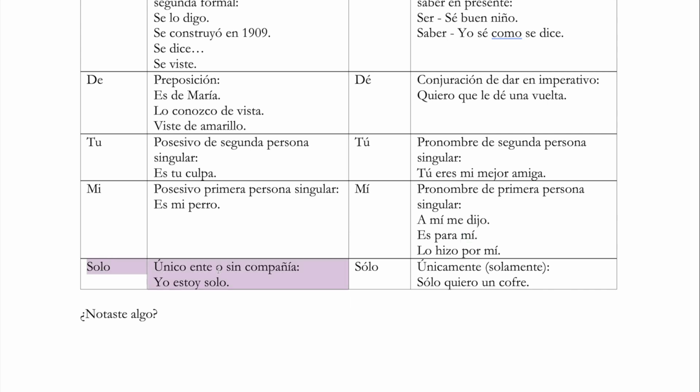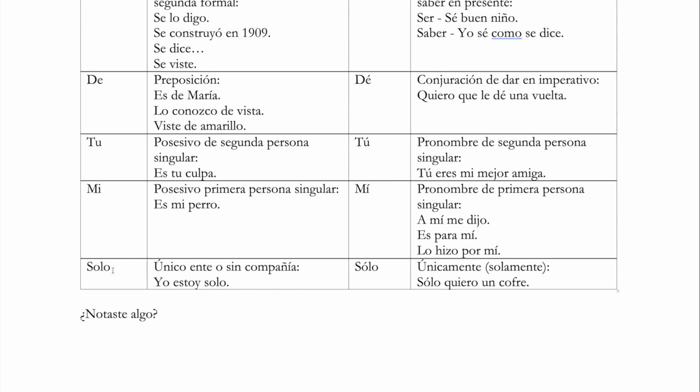And that's really what you have. Now in these down here, the Spanish Royal Academy says it's not necessary to put a stress mark over this word, but it is recommended. And I highly recommend putting a stress over this word, because in English it makes total sense. In Spanish, some individuals might think, well, what's the difference? They're the same. No, they're not. This means only. This means alone.